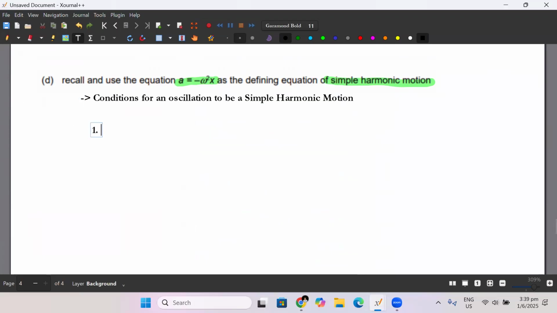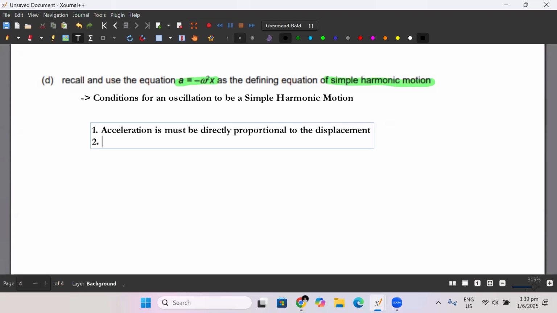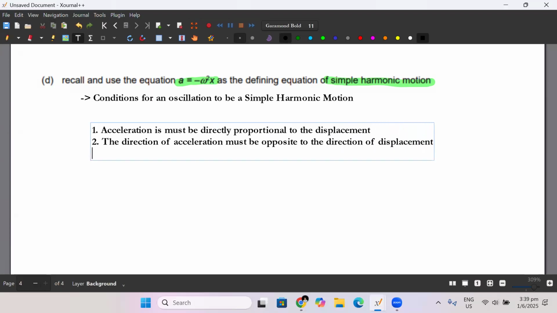The first condition is this: the acceleration must be directly proportional to the displacement. The second condition is this: the direction of acceleration must be opposite to the direction of displacement. So there are two rules for this.